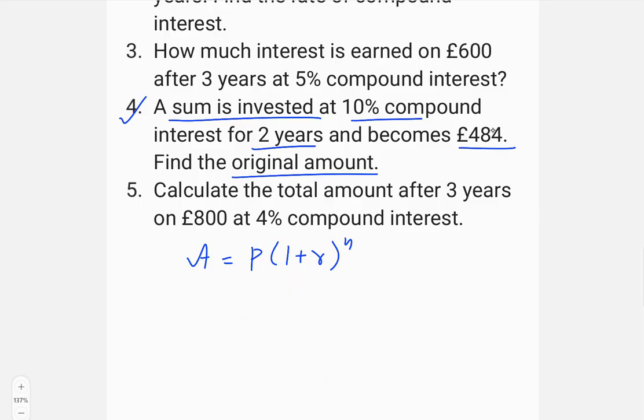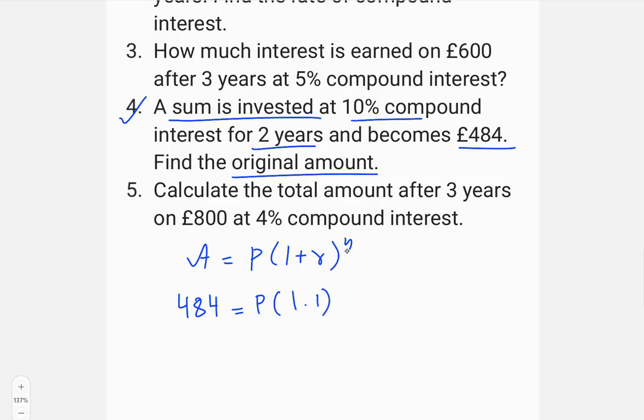So this 484 is the amount. Why? Because the sum has become 484. It shows that the amount that you invested has become 484. So this is the total amount. The principal is missing, which we need to work out. And the rate of interest is 10%. So 1 plus 0.1, which makes 1.1.